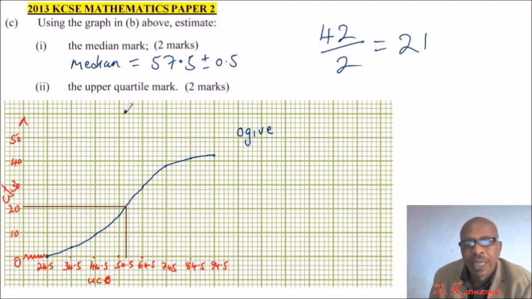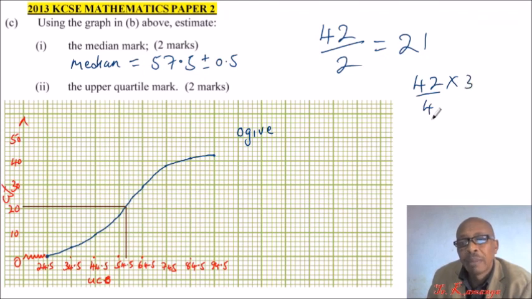Then the upper quartile. The upper quartile is the 3/4. So you say 42, you divide by 4, and you multiply by 3.